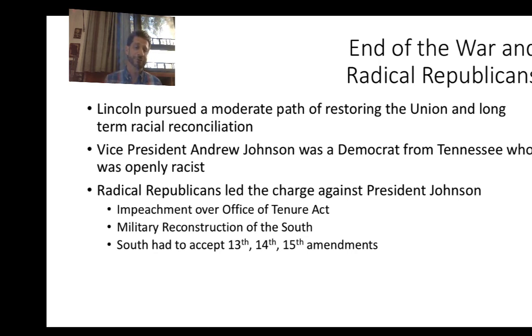Well, Johnson saw this as an attack on his power, so he fired a man named Stanton, who was the Secretary of War, who had been a holdover from Lincoln's time period. Stanton was a Radical Republican. Johnson fired him, and then Johnson was brought up under impeachment charges. He won the impeachment case in the Senate by 1 vote. That's all that he needed. That was all the Radical Republicans needed to get rid of him.